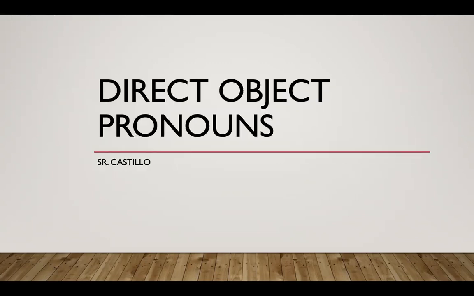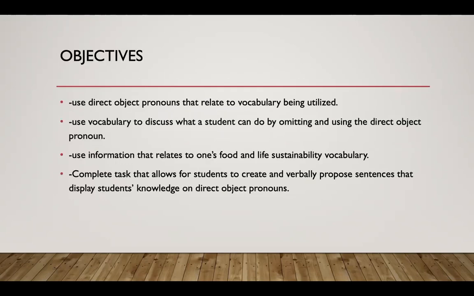So like I stated previously, this is the direct object pronouns section of the lesson by Señor Castillo. These are the objectives for this lesson. The first objective is use direct object pronouns that relate to vocabulary being utilized. Use vocabulary to discuss what a student can do by omitting and using the direct object pronoun.